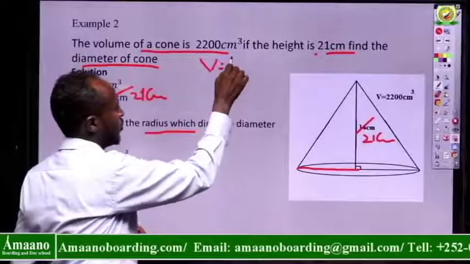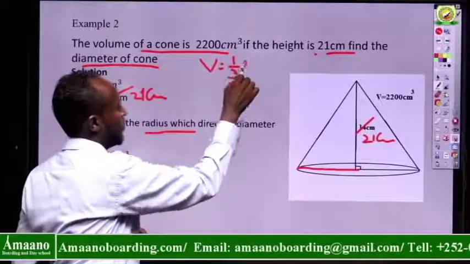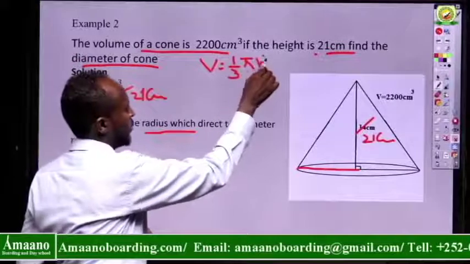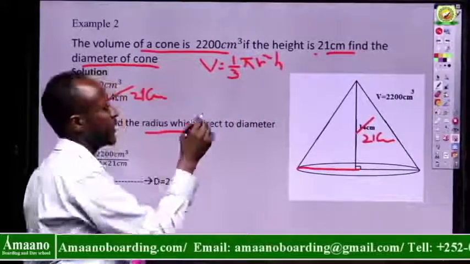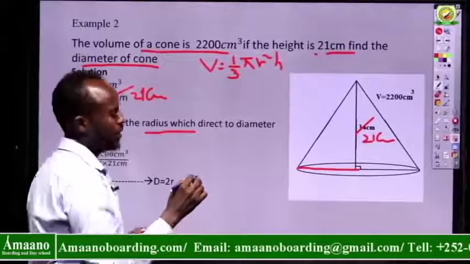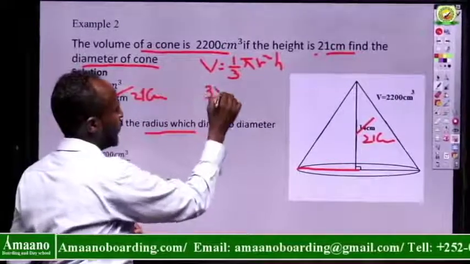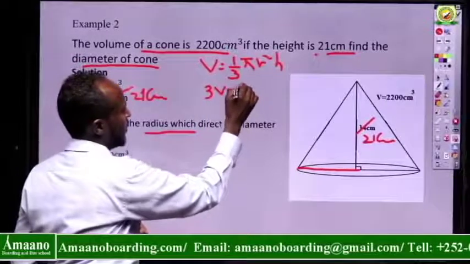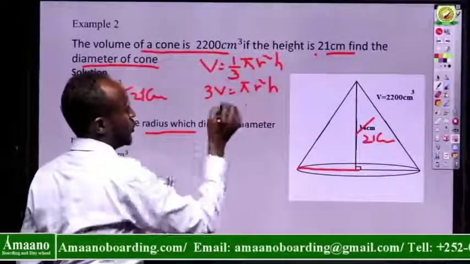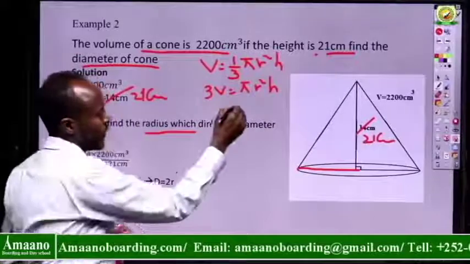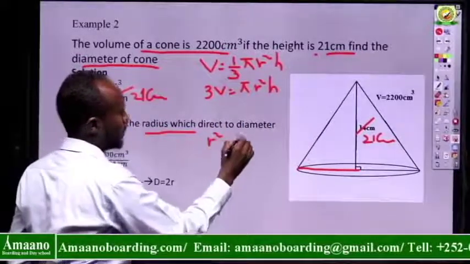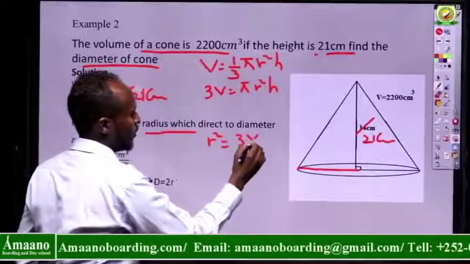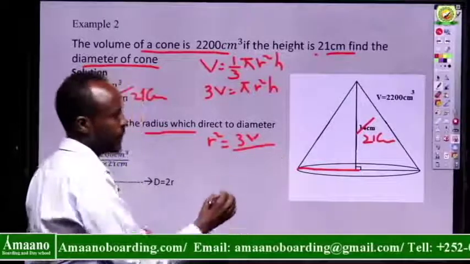V is 1/3 pi r square h, making r square the subject. Multiply 3 to this side, we have 3V equals pi r square h. We divide by pi h. Therefore, r square is 3V divided by pi h.